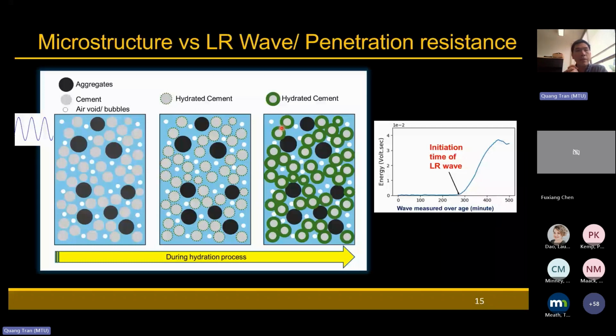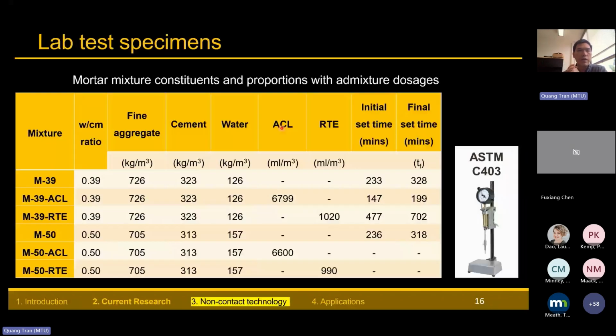Now it is time to run the test to verify the technologies. My hypothesis in this study is that the initial time of the Rayleigh wave is going to be similar to the set time determined by the ASTM standards.